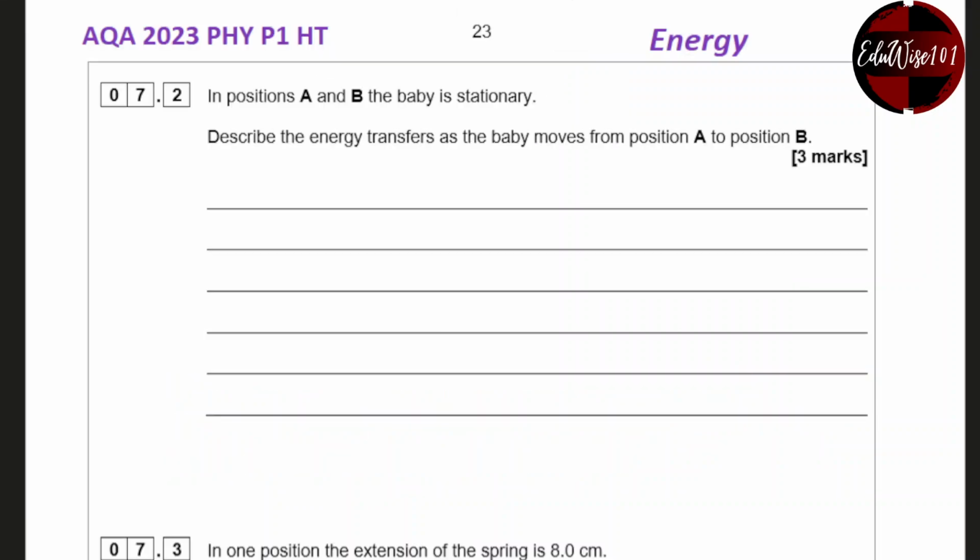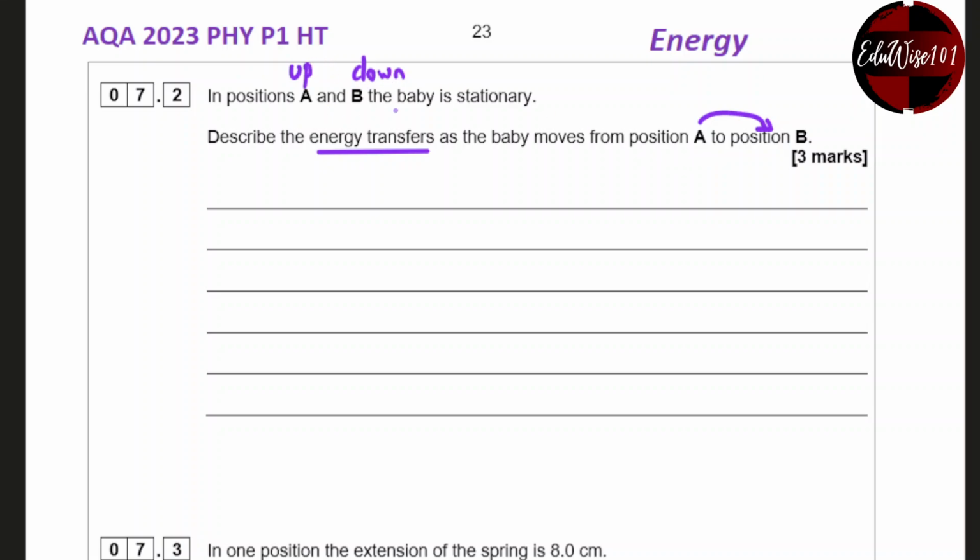Next part. In positions A and B, the baby is stationary. So remember that in position A it was up, and position B it was down. Describe the energy transfers as the baby moves from position A to position B. So what is the energy transfer happening at A?